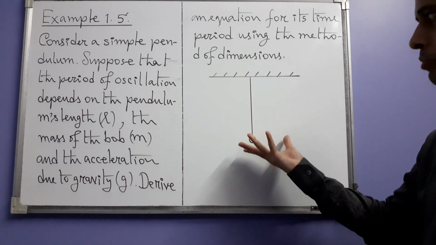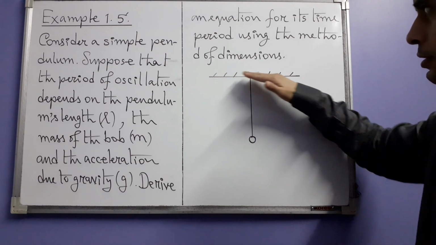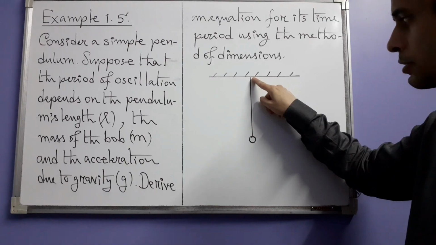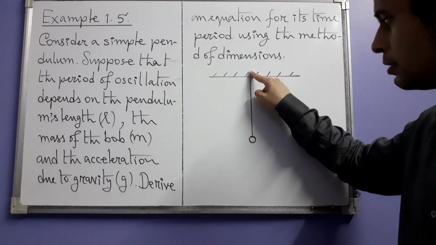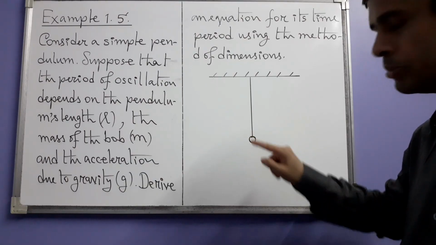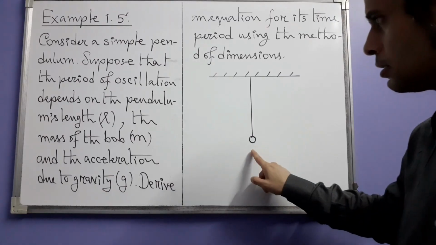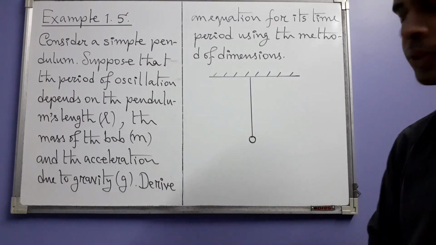So this is how a simple pendulum basically looks. This is something rigid to which a string is attached at this end. The other end of the string has this object, which is your bob, and the mass of the bob is m. The length of the pendulum is the length of the string.